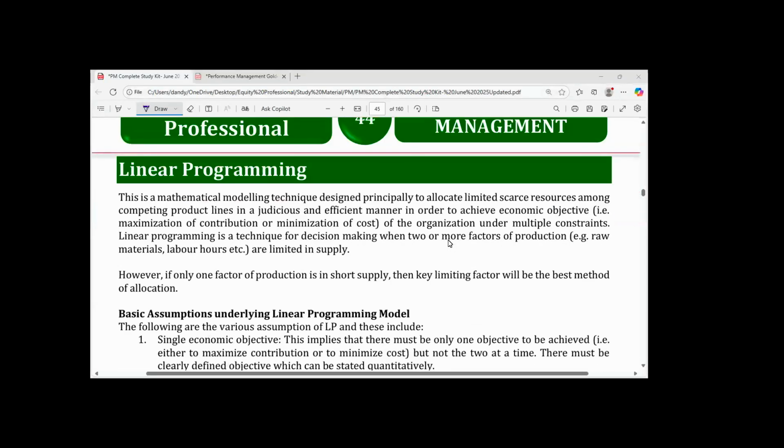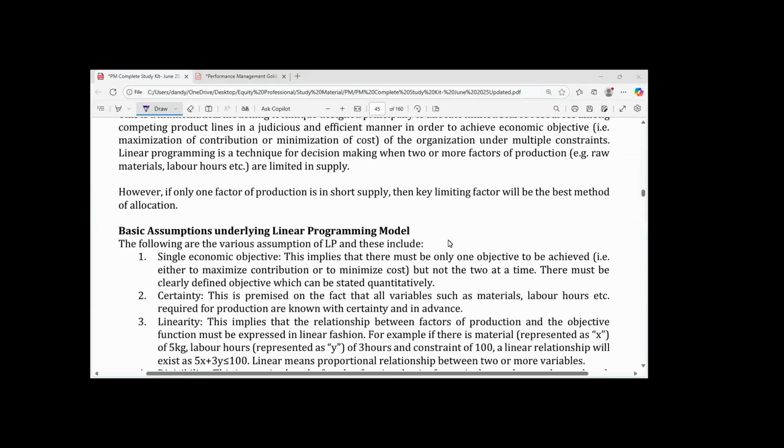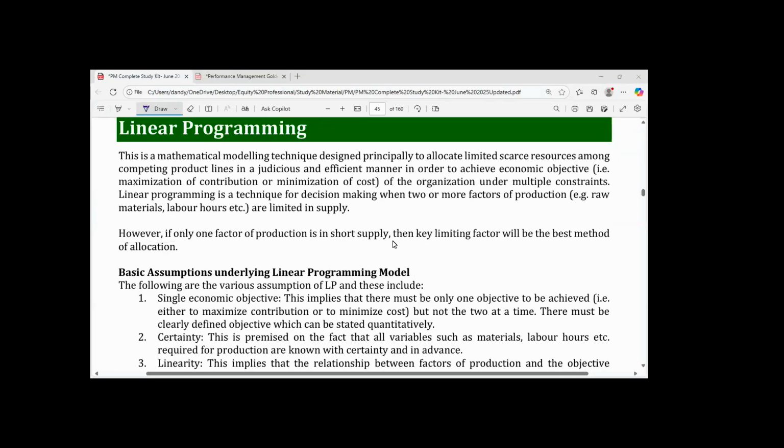So, what do you understand by linear programming? Under this topic, we are going to talk about introduction to linear programming. We are going to dissect introduction to linear programming.